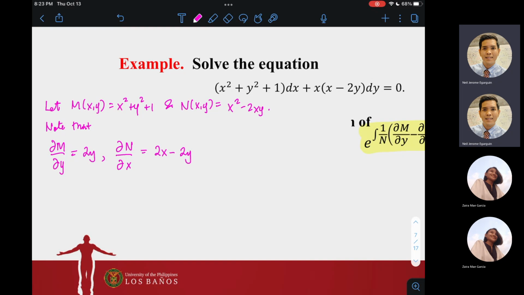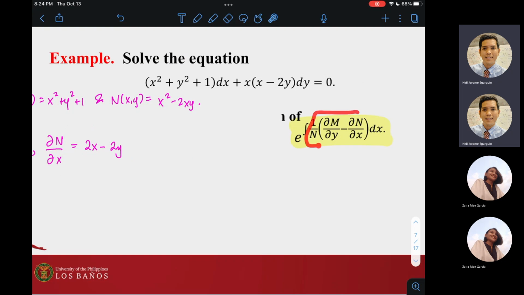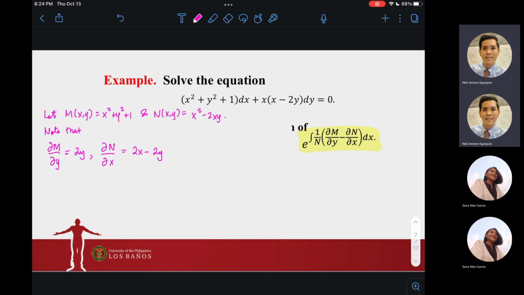Pero dahil alam ko na hindi siya exact, i-try ko. Baka naman pwede ako makakuha ng integrating factor kung saan magiging exact yung bagong DE. Alright? And again, the requirement is for us to look at this expression, the integrand. Tingnan ko yung 1 over N times partial ni M with respect to y minus partial ni N with respect to x and see if it is a function of x alone. Alright? So here, expand ko lang siya.